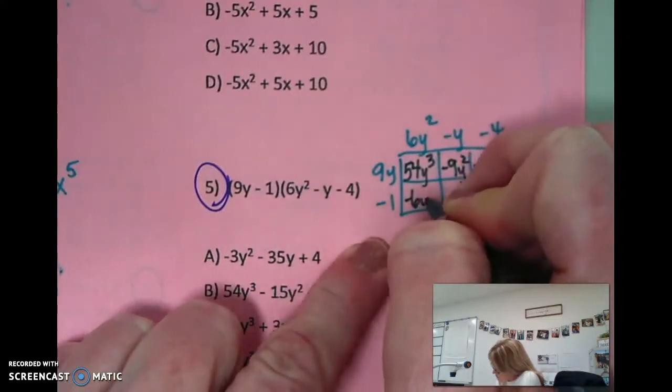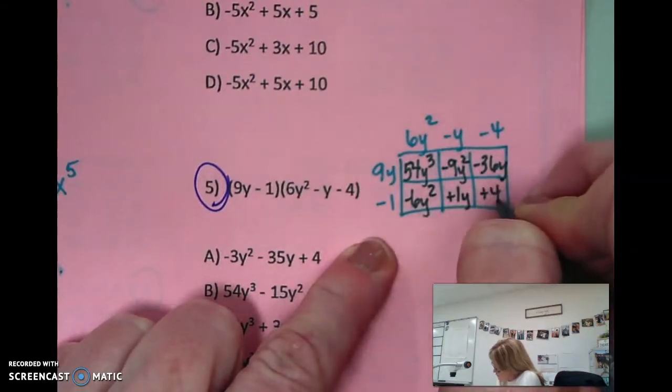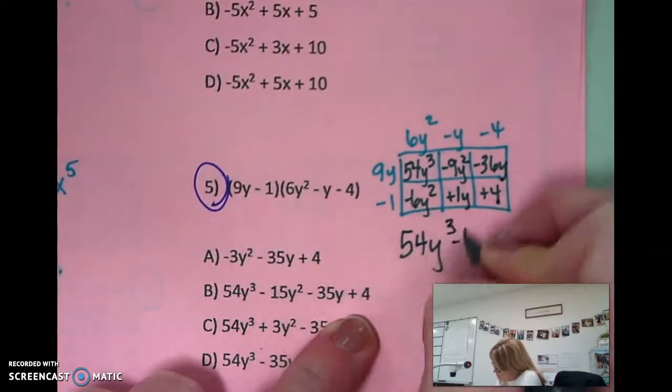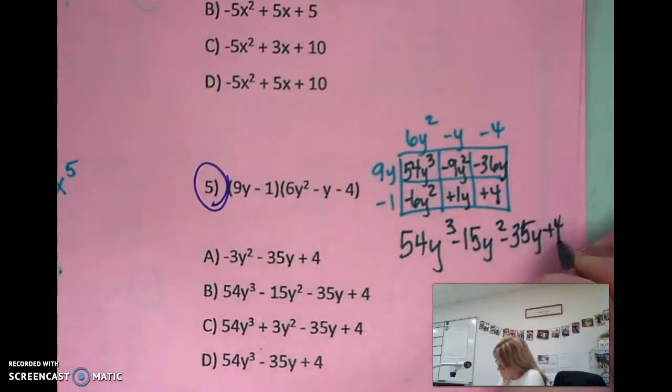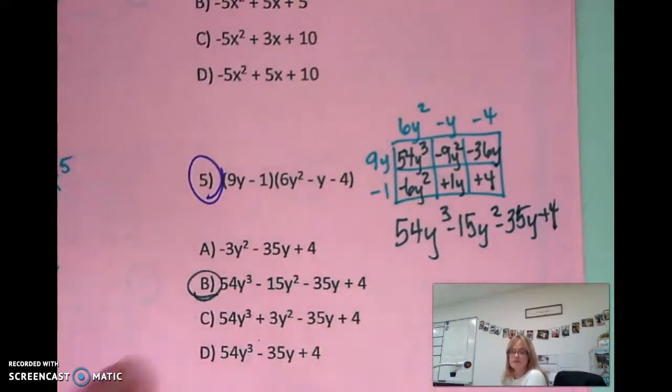A negative 6y squared, a positive 1y, and a positive 4. Combine your like terms, and this would be your final answer. And that looks like that matches up with letter B.